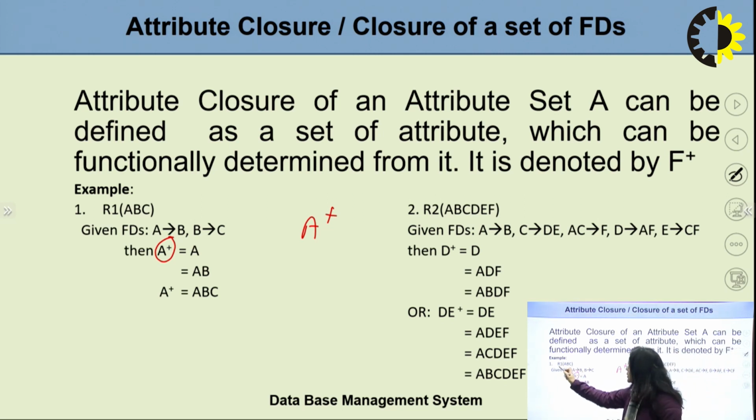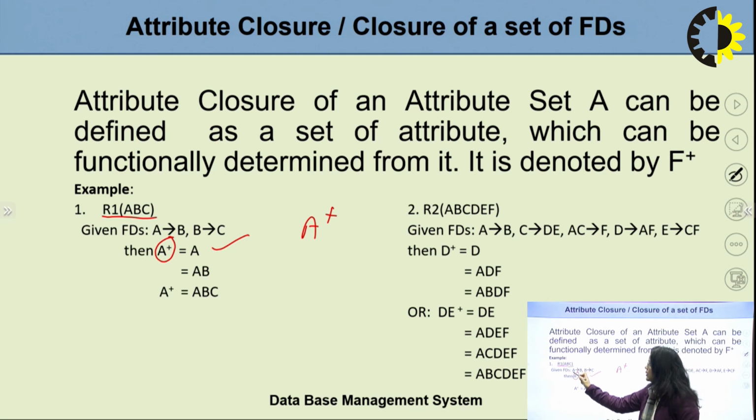So here we can see R1 is the relation with 3 attributes A, B, C given, and the functional dependencies given here are A tends to B and B tends to C, right? Now we need to find the attribute closure of A. So we will start with A, because we already have A with us, and if we have A, what can we determine?